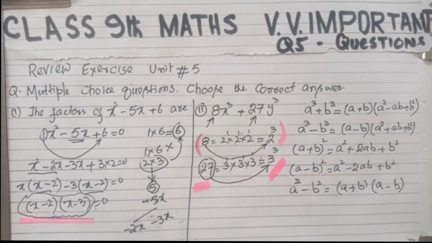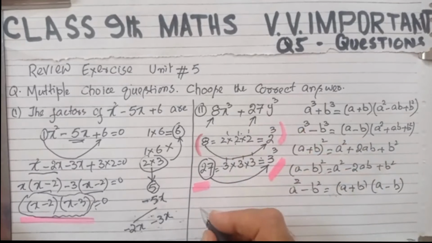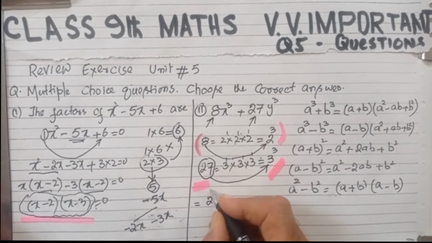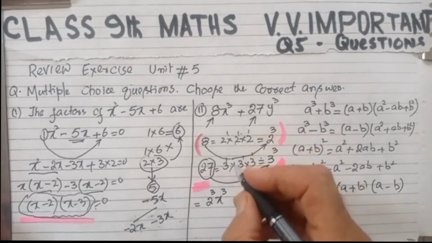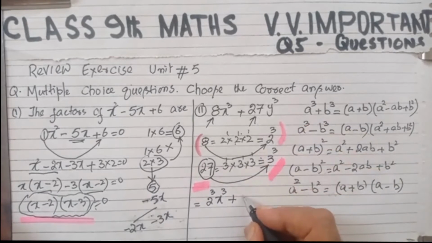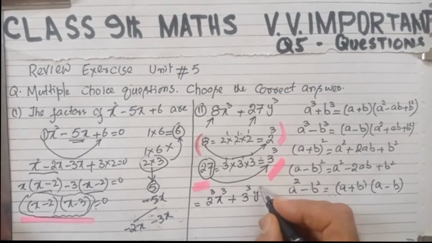Going further, instead of 8 that will become 2 cube into x cube, and 27 is 3 cube into y cube.